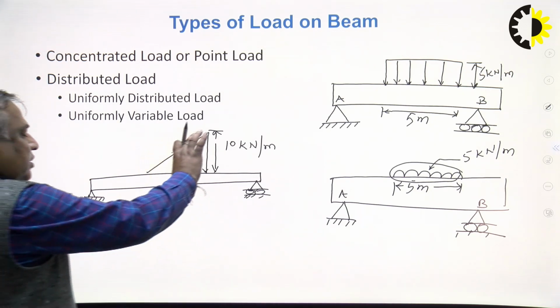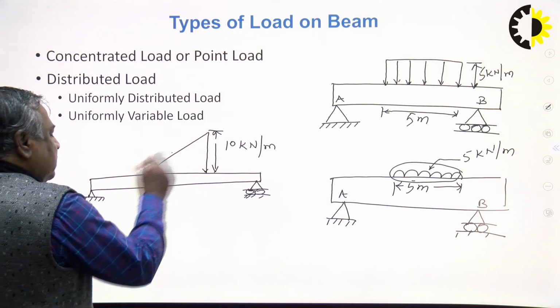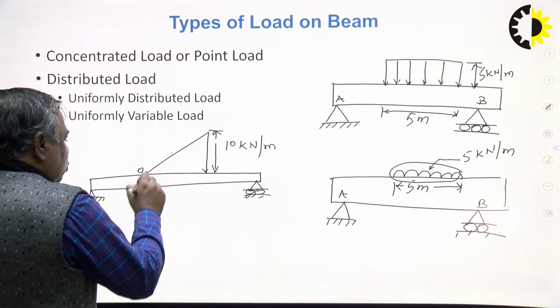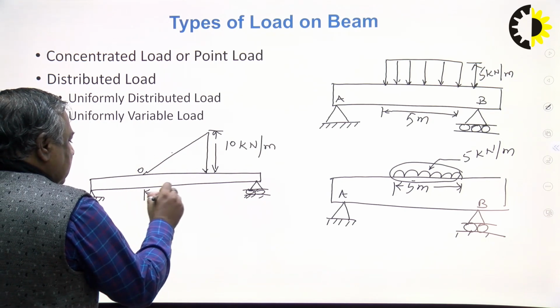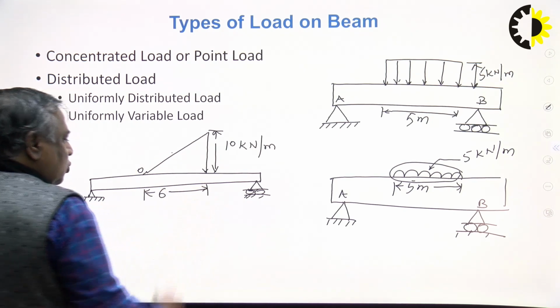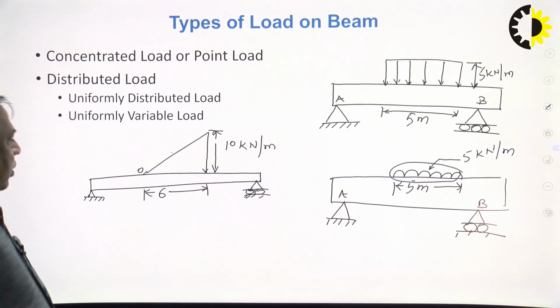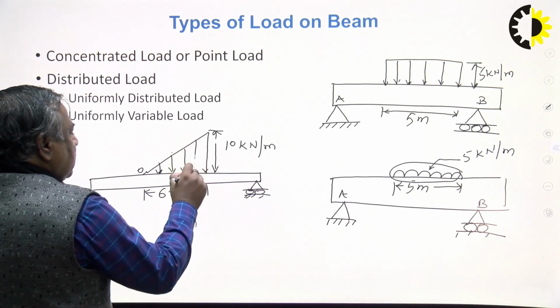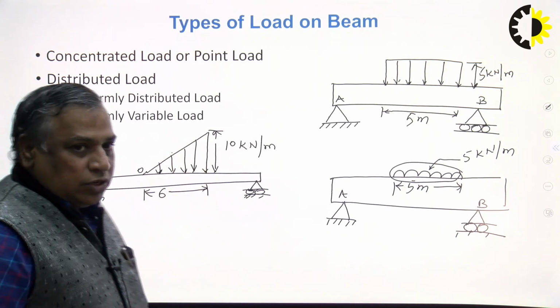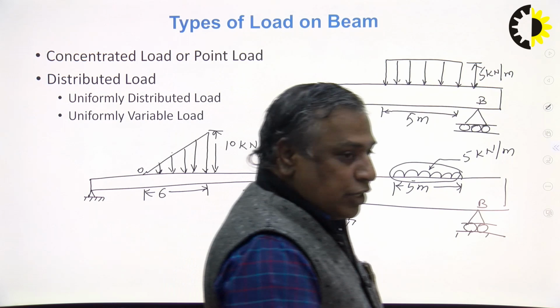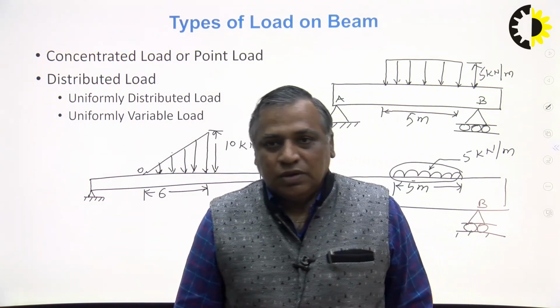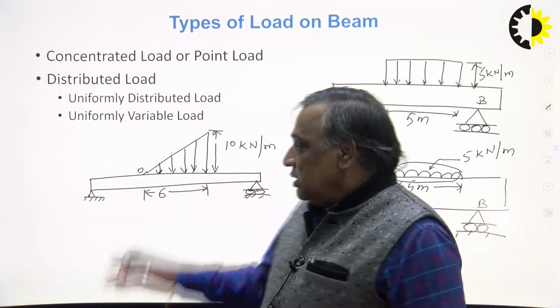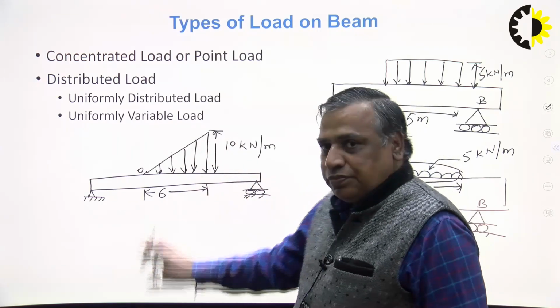This is the intensity of load, and it varies linearly from 0 to, for example, 6 meter over it. Again, for the moment and the effect, we need to use some integration method to solve it. This is uniformly variable load.